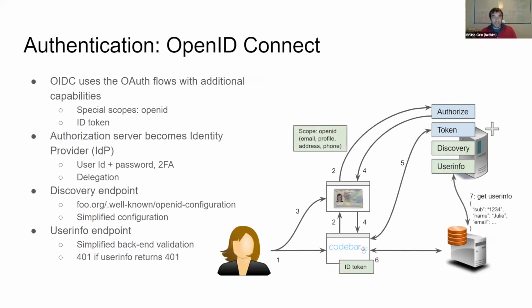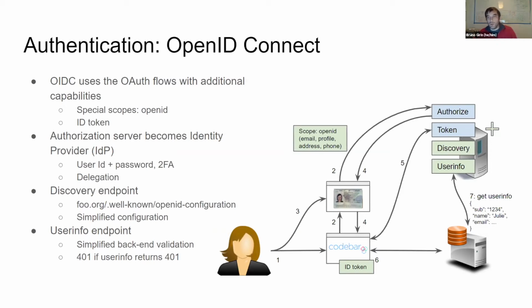So practically, OpenID Connect uses the Auth flows. It doesn't change anything on this. The only thing it requires you to do is that as part of the scopes in the flow, you send it the OpenID scope. You can send optional scopes like email, profile if you want additional information.